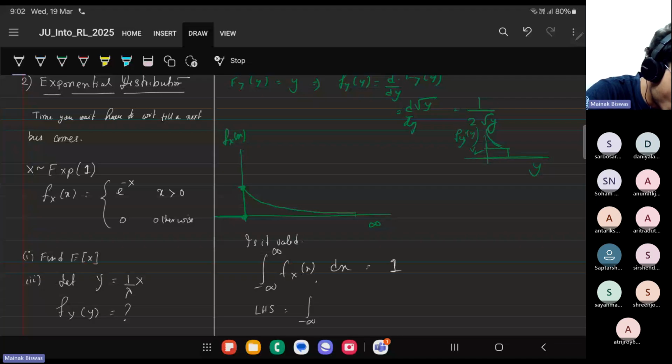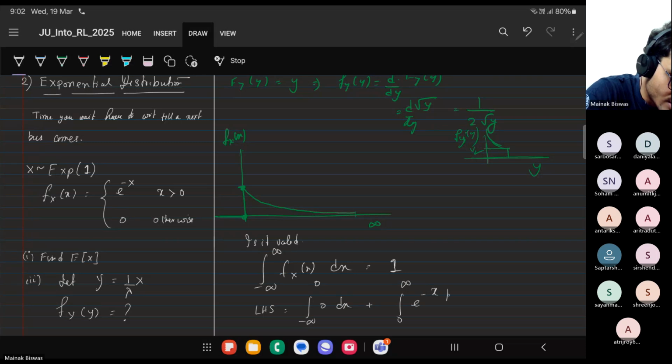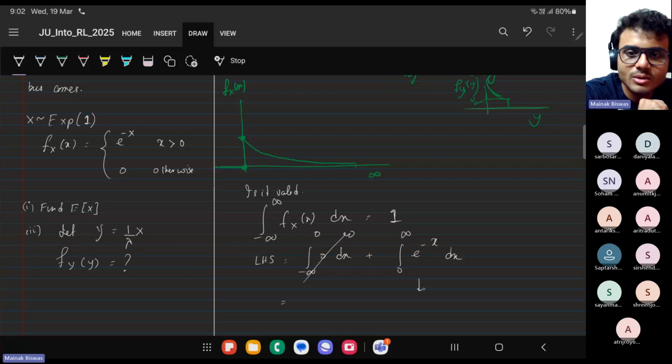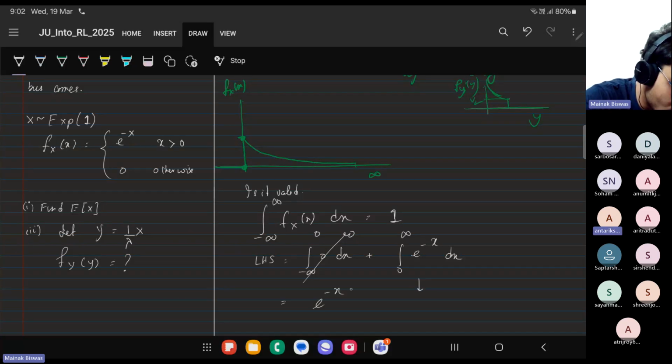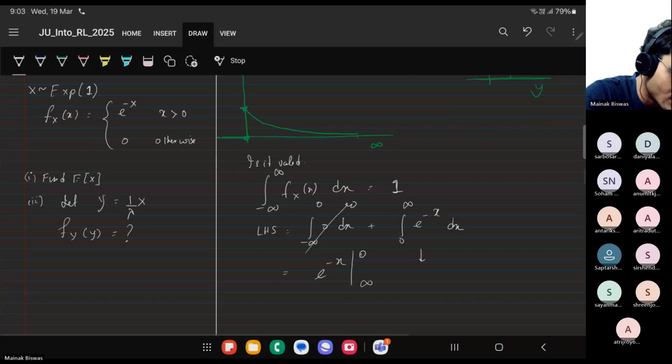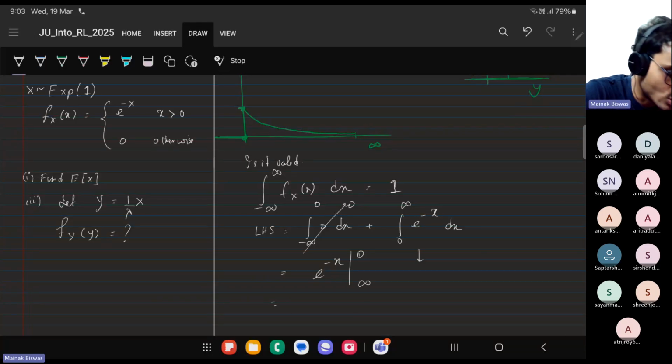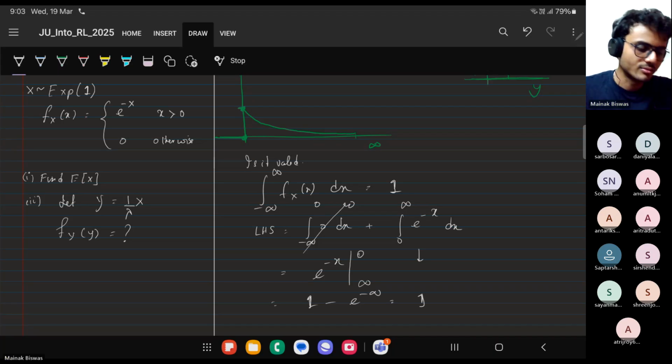Minus infinity to 0 is 0 dx, and 0 to infinity is e to the power minus x dx. The first term is 0. What is the integral of e to the power minus x? It is minus e to the power minus x, and the limits will reverse. So it's 1 minus e to the power minus infinity, which is equal to 1. So it's a valid PDF.